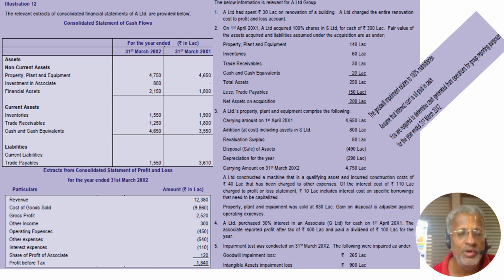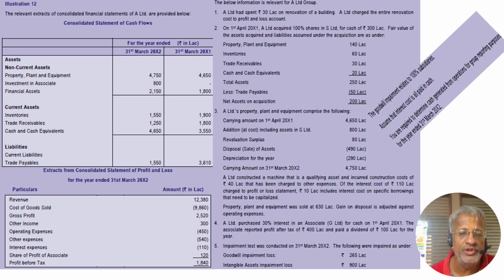And if you look at adjustment number 2, they said a 100% subsidiary they have acquired, that being Yes Limited for 300 lakhs, and in that you have property, plant and equipment to the extent of 140. But if you have to include this 140, your closing balance will not be 4750. It should be 4890.